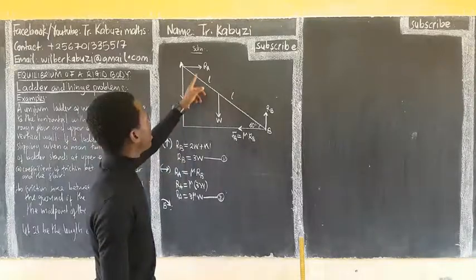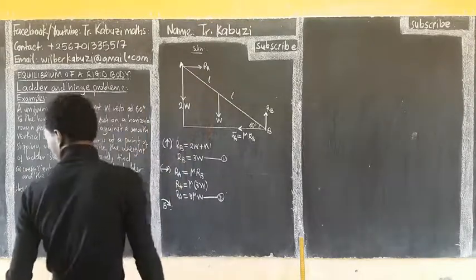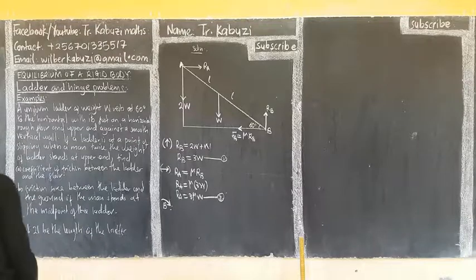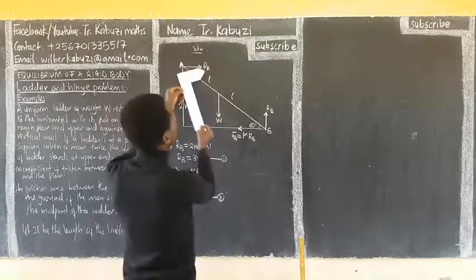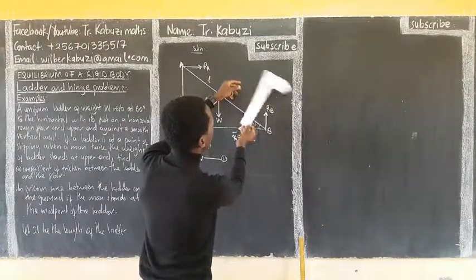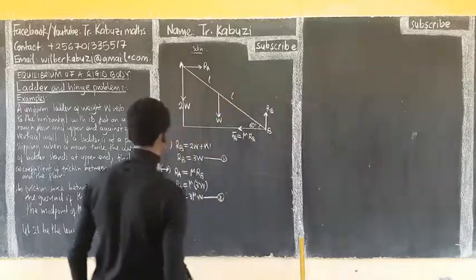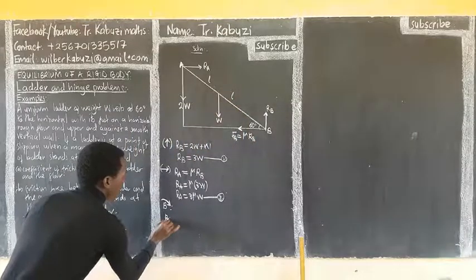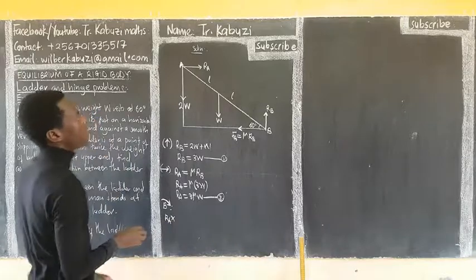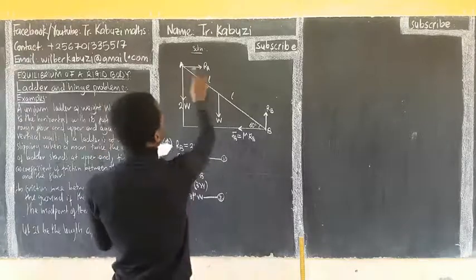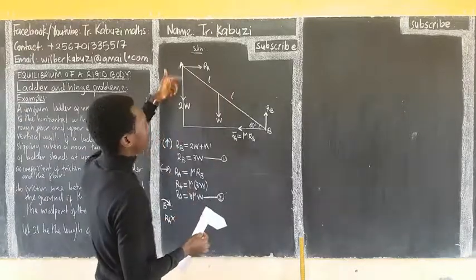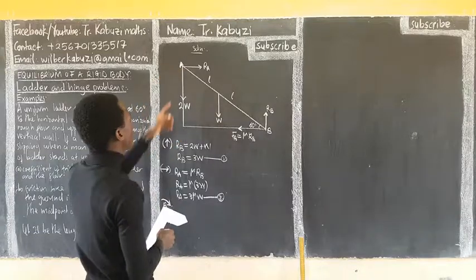Clockwise, we are going to be adding RA, because I think this force acts clockwise. So we have RA times the perpendicular distance. Now, because this is a horizontal force, the perpendicular distance is vertical. So now we need this.